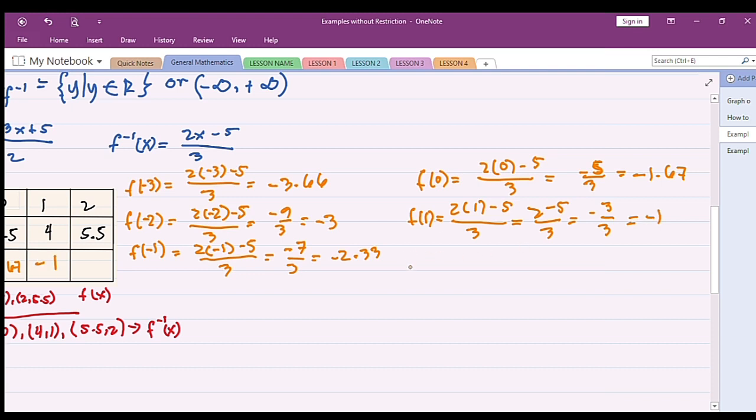And also, the last one, f of 2 is equal to 2 times 2 minus 5 all over 3. So this will equal to 4 minus 5 all over 3, or negative 1/3. In decimal form, para mas madali natin siya i-graph mamaya, it's repeating, but I will take the nearest hundredths, so we have negative 0.33.